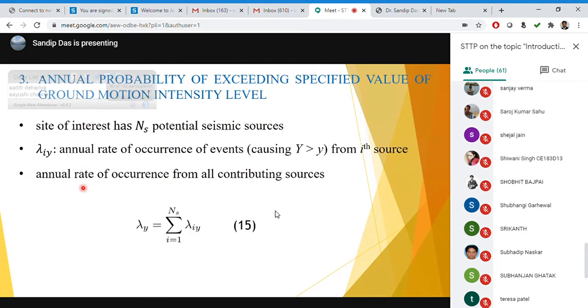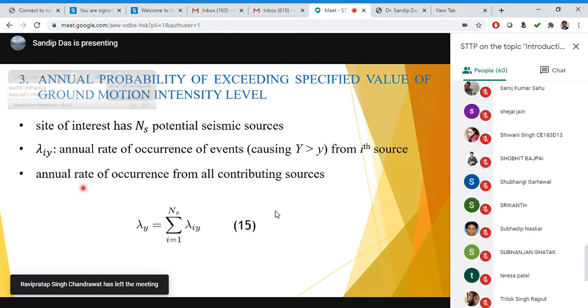So now, before wrapping up everything, we want to see the effect of multiple sources. I am here sitting at a particular site. I may not have only one potential source of earthquake. There may be more than one fault or seismogenic zone around me from where an earthquake can occur anytime and I can feel the wave.